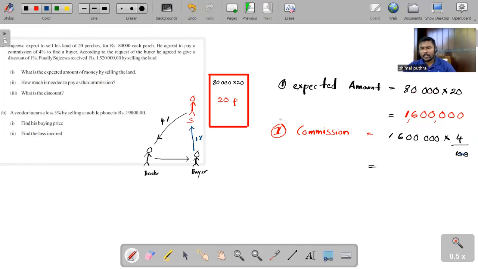That is the agreement. Zeros and zeros are cancelled. 16 into 4 means 64. How many zeros remain? 1, 2, 3. So I have to pay 64,000 as a commission to the broker.